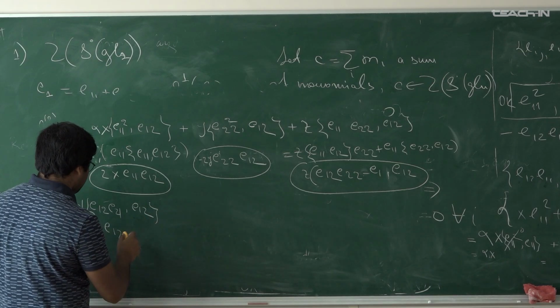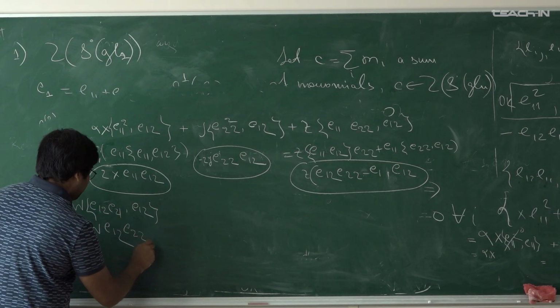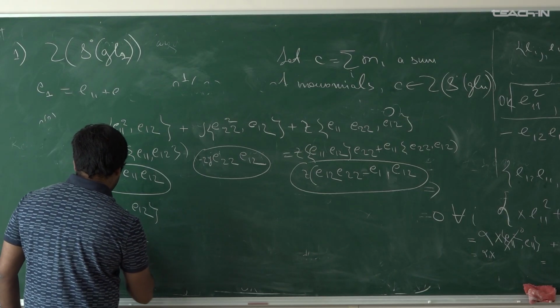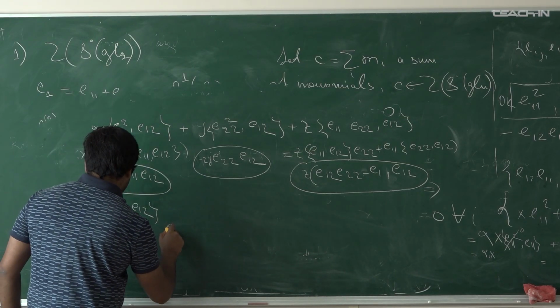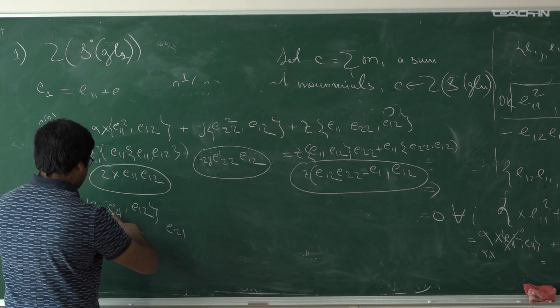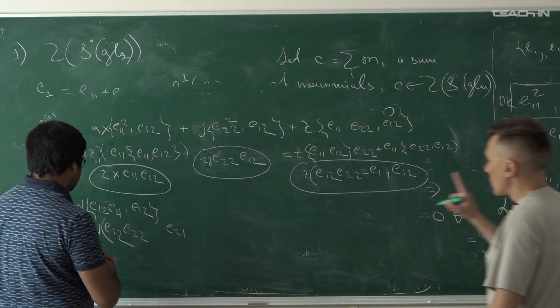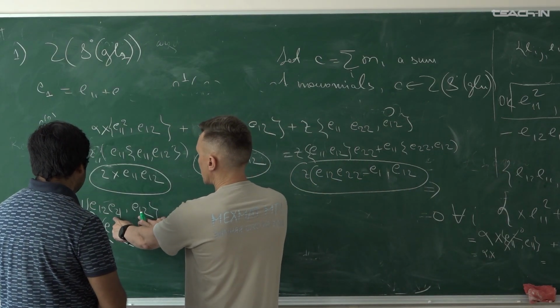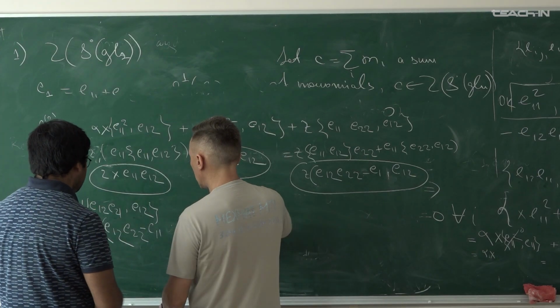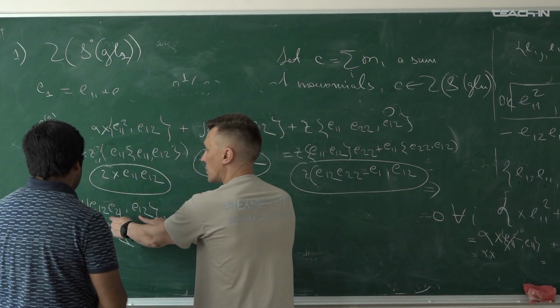This will give me E22 and 0, but the commutator of this is a difference of E22 minus E11.